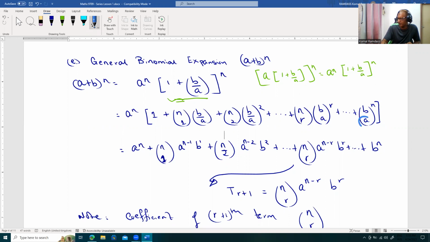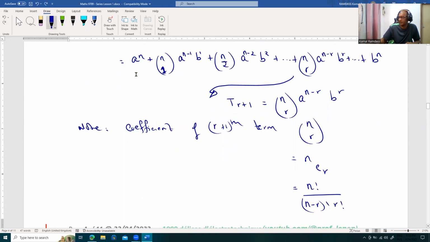Parce que ici, on a une division là. OK? Du coup, nCn, but nCn selecting n objects from n objects, du coup 1, et b over a to the power of n est égal à b to the power of n divided by a to the power of n multiplied by a to the power of n, et moi gain b to the power of n.